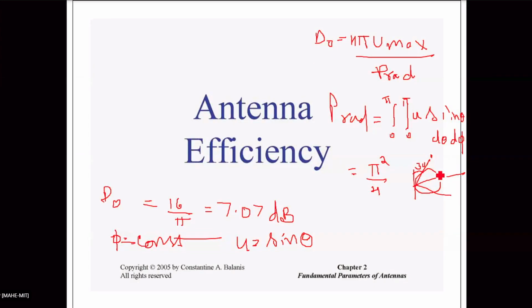So what you do is, in the azimuthal plane, you take u is equal to sine square phi. You take sine theta as constant. So find the angle now.